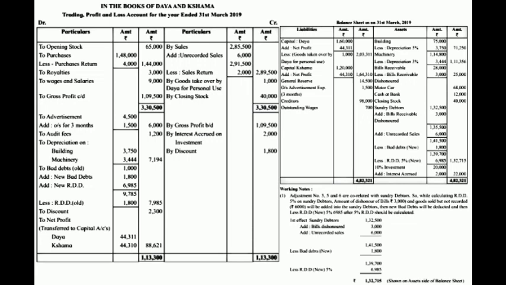So it is called new bad debt. We can see bad debt in the trial balance also on debit side. It is given as bad debt 1,000. So that 1,000 bad debt in trial balance is your old bad debt, and this bad debt is called a new bad debt.